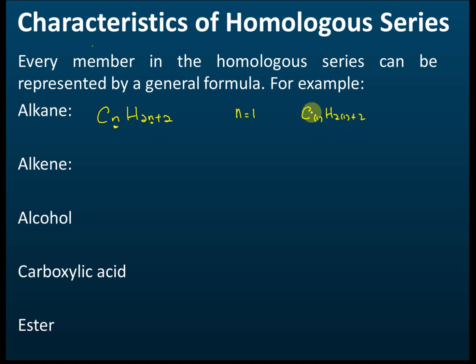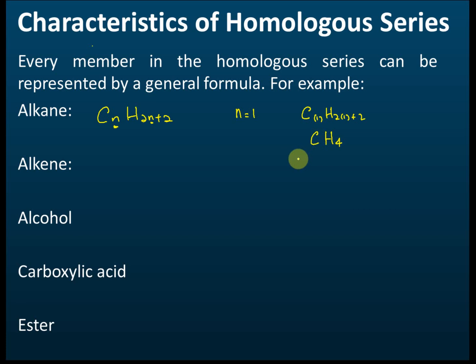If the number of atoms is 1, we can ignore it, so we do not write C1, we just write C. And 2 times 1 plus 2 is equal to 4. Therefore, the molecular formula for the first alkane is CH4. So this is the general formula for all alkanes, and this is the molecular formula for the first alkane.